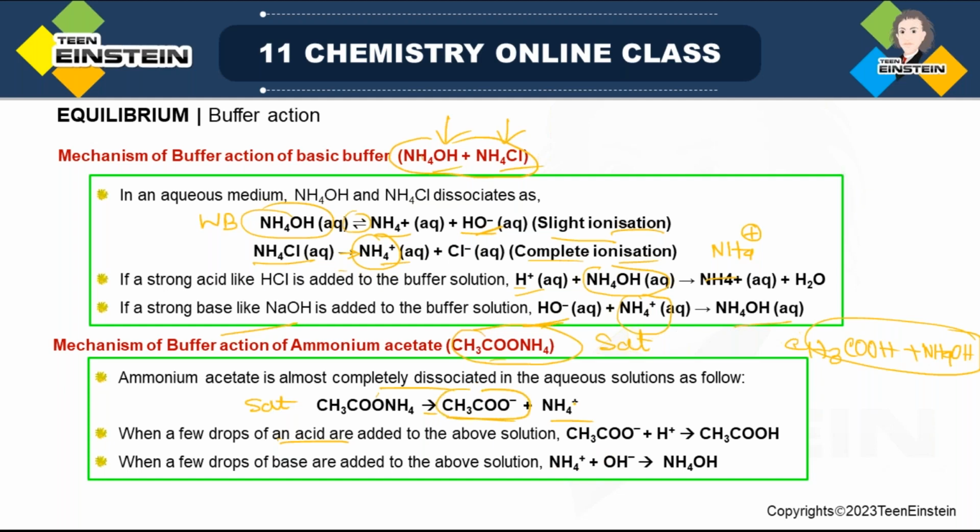This one is the basic component, this one is the acidic component. The basic component will consume H plus, and when extra HO minus is added, that is NaOH or KOH, then the acidic component will consume it. So this molecule also sometimes can behave as a buffer, but mostly when we talk about types of buffer, you will see mainly two types, acidic buffer and basic buffer.